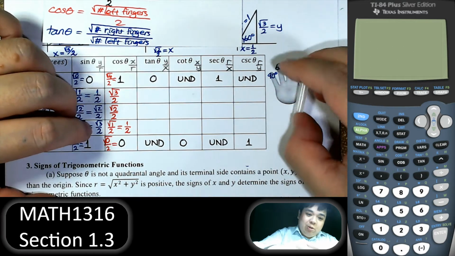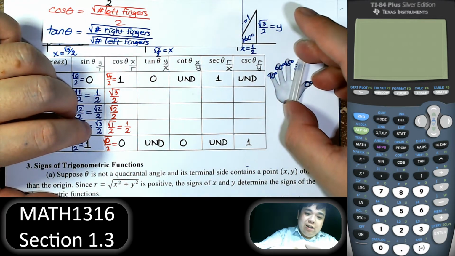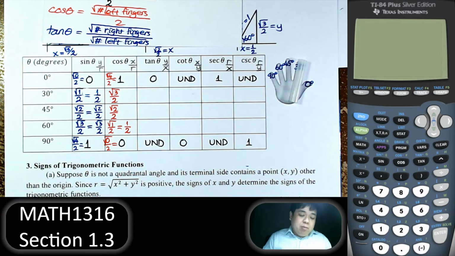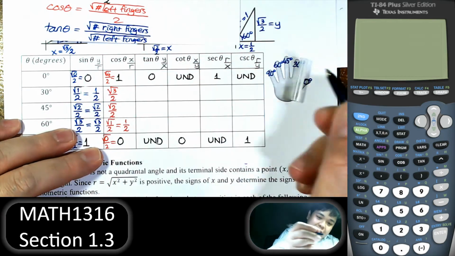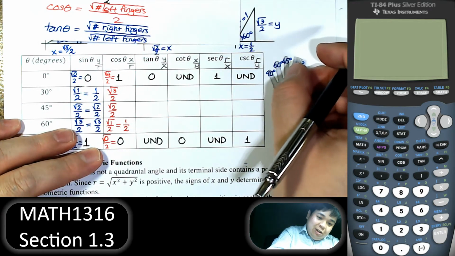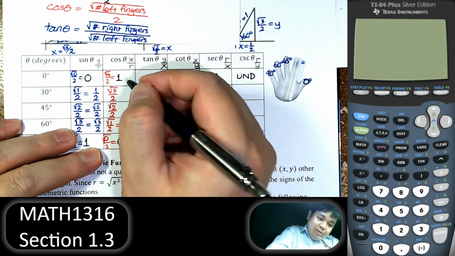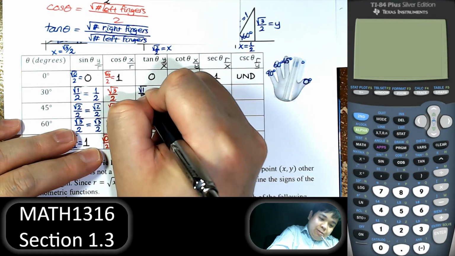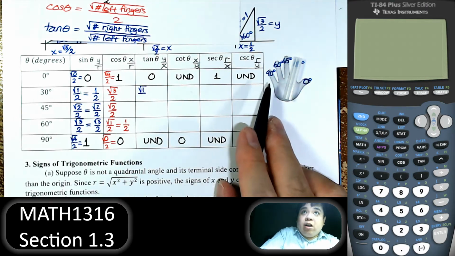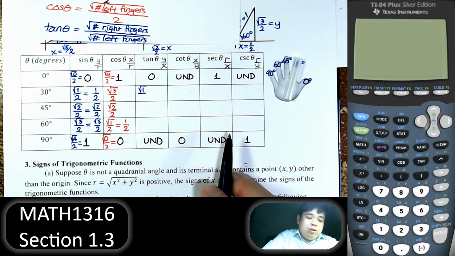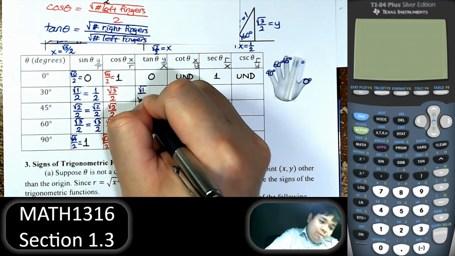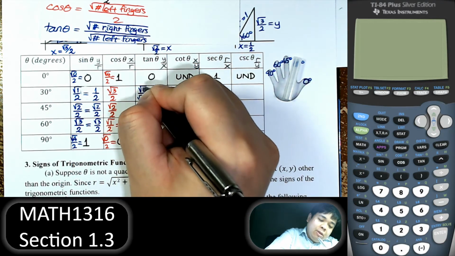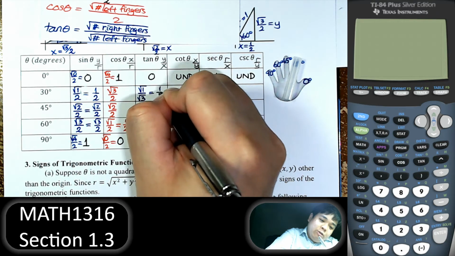Have a little straw here, 30 degrees is that. Number of fingers on the right, there's 1. Number of fingers on the left, 3. So square root of 1 is 1, so we have 1 over square root of 3.